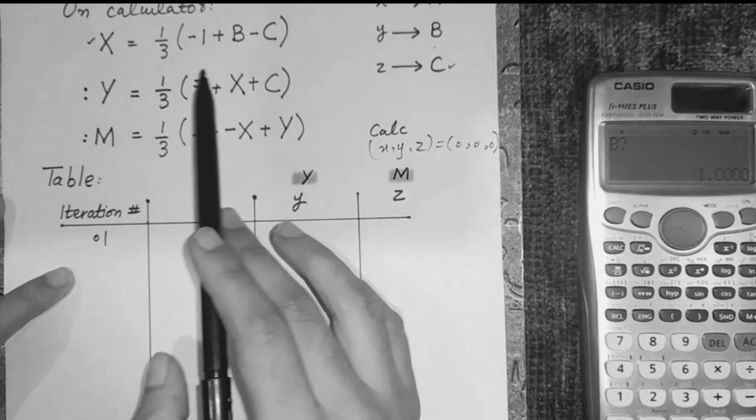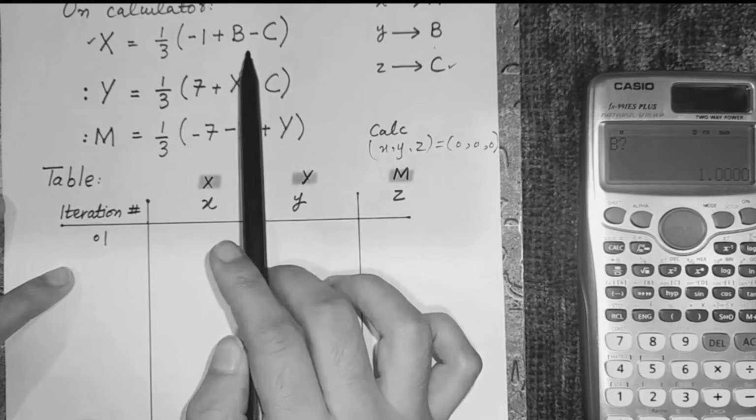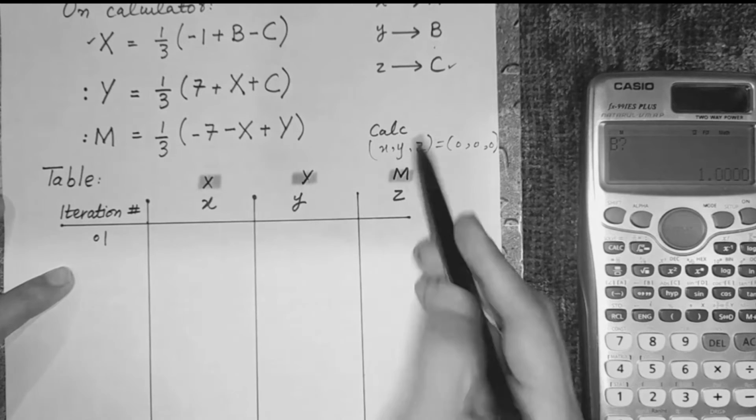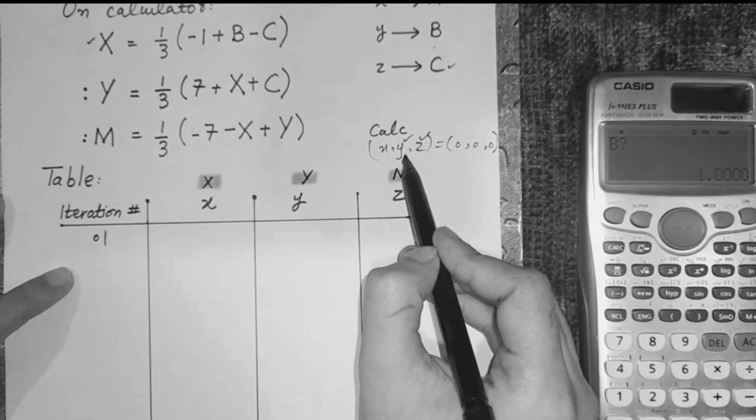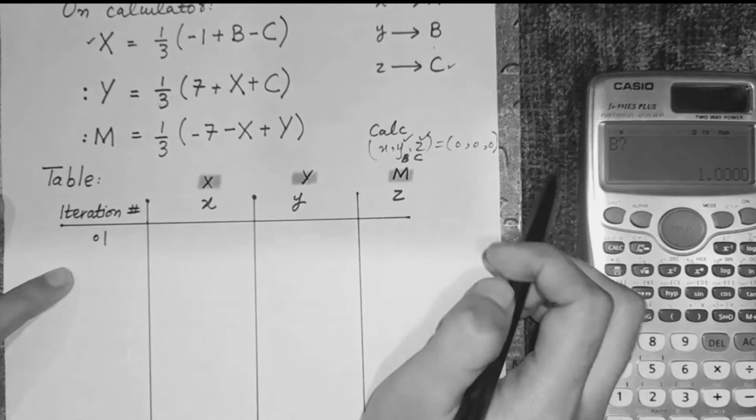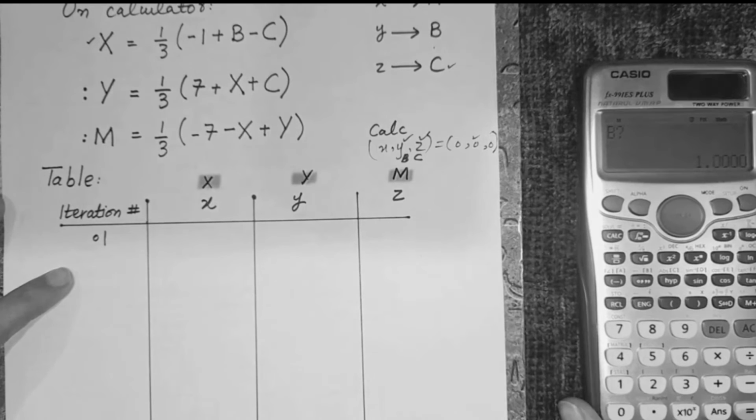As you can see in the program, we don't have to put the initial value of A. So we just put the values of y and z, which are assigned to capital B and C respectively, which are 0.